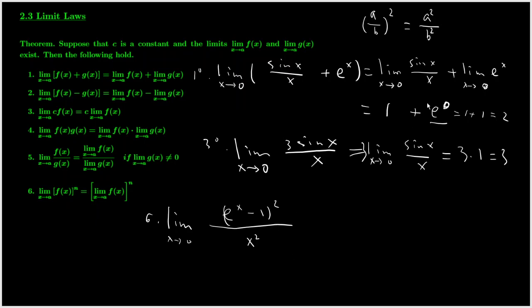By the way, we use that property to convert the limit to the following form: the limit as x approaches 0. You use the property the other way around, from the right hand side to the left hand side. So we are trying to get the limit of the function e to the power of x minus 1 over x, now the whole thing squared.